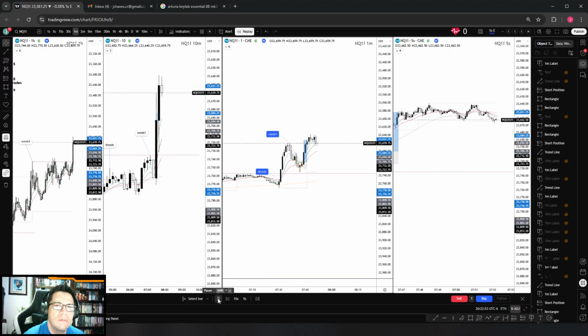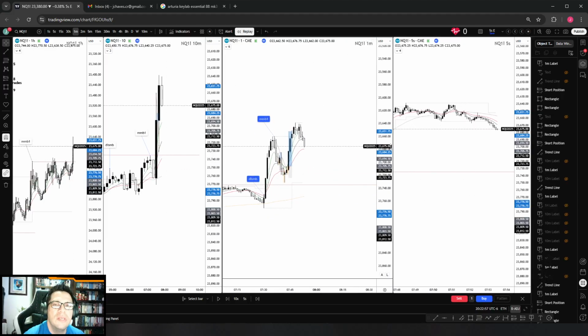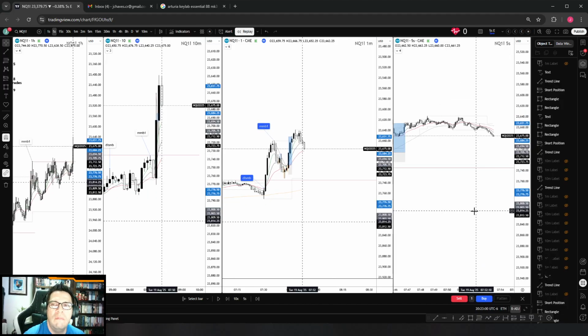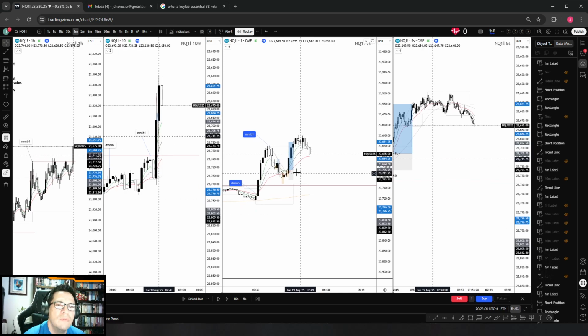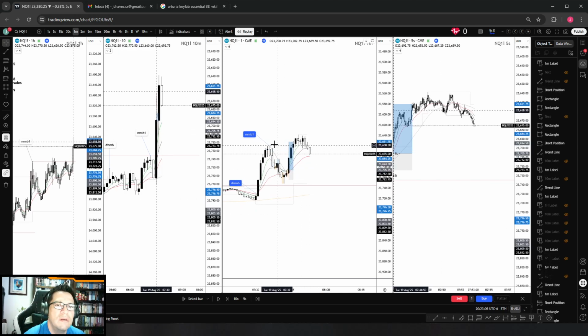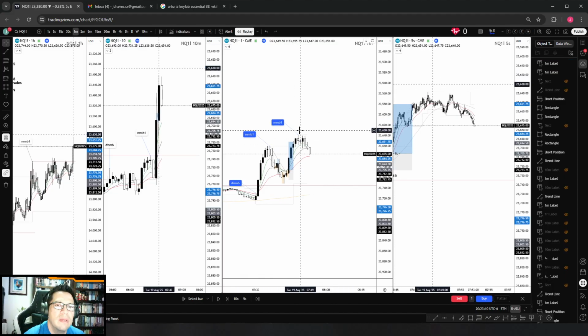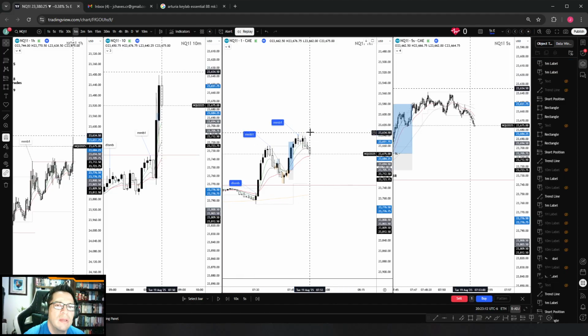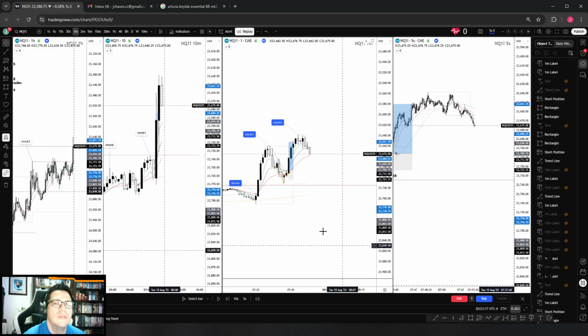So now we start getting some new flush here. So this one here could be labeled as MMB1 or MMB2.